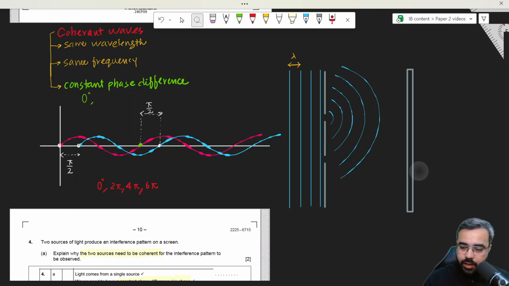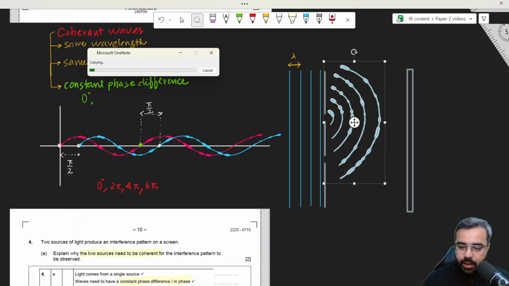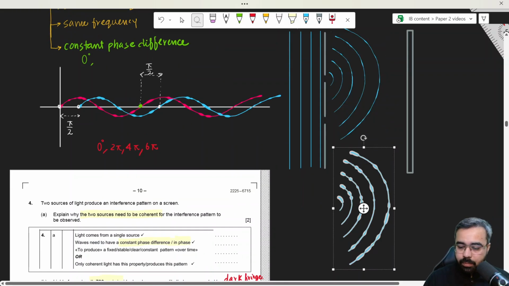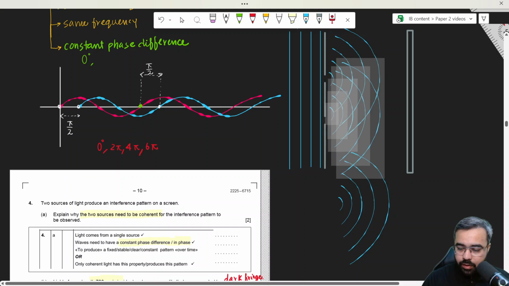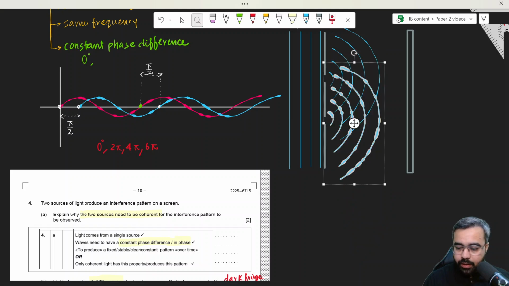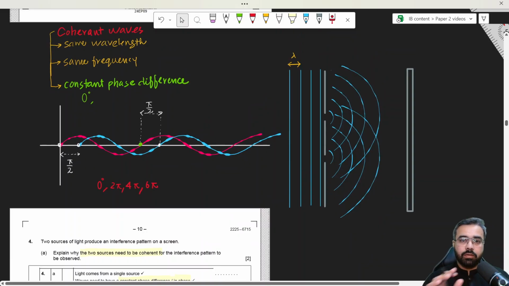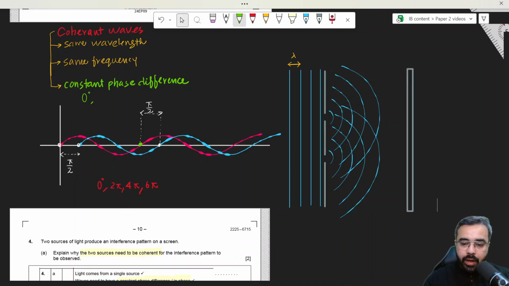And when these two lights meet one another, at some points they will do constructive interference, and at other points they will do destructive interference. And this all depends on their path difference. Dear students, you know very well that if the path difference is an integral multiple of wavelength, then it will be a constructive interference, and as a result, they will make a bright spot.